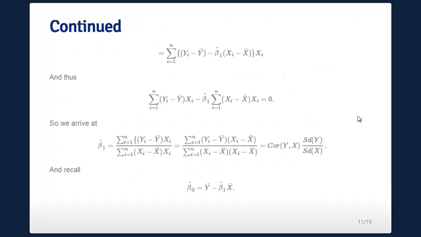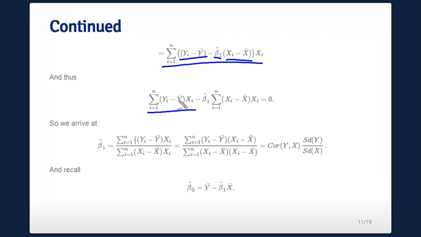Okay, let's continue on to the next page. And this has a nice simple form. It's the centered y's minus beta 1 times the centered x's, and it appears very similar to our regression through the origin equation. So then we can solve this.